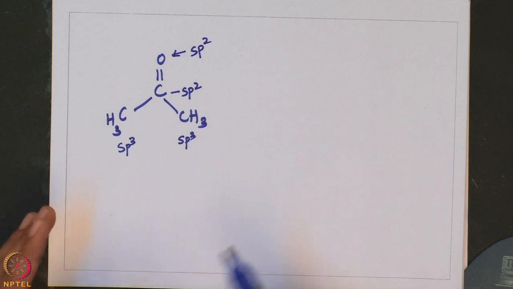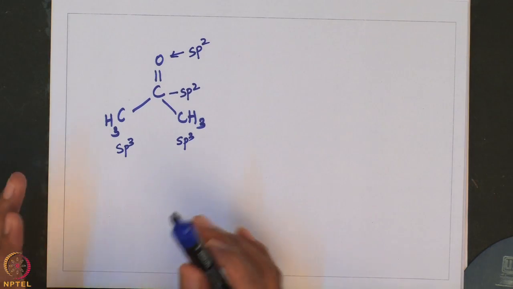Okay. So, let us see how that happens. Now, without going into the electronic configuration, since you are all familiar with it, I will simply write the corresponding hybridization and the corresponding orbitals, and show their overlapping to describe the structure of this acetone molecule.